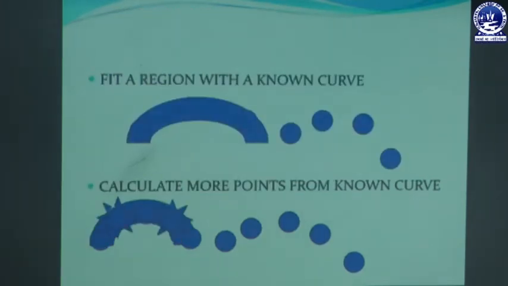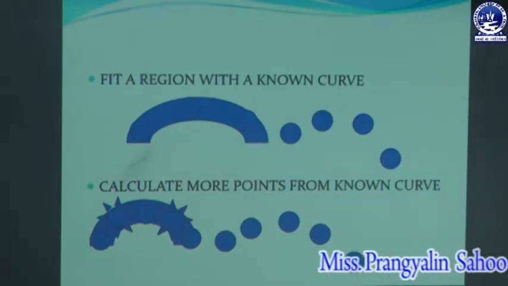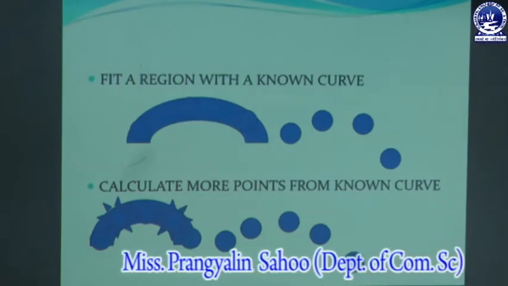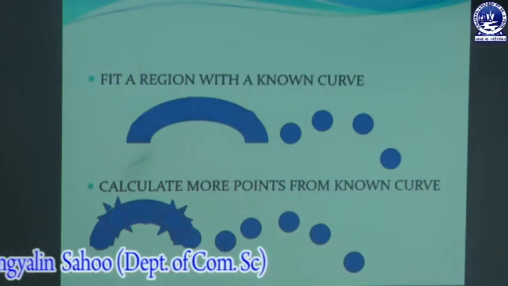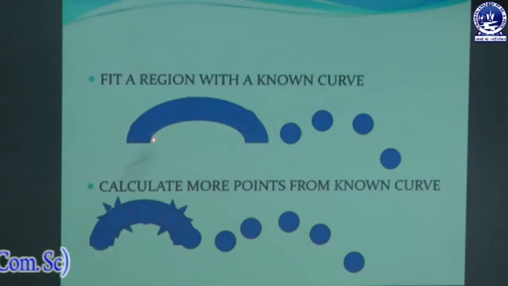Third step: fit a region with a known curve. That means we create a curve object from the above pixel points, using these approximation points. Then we calculate more points from the known curve.